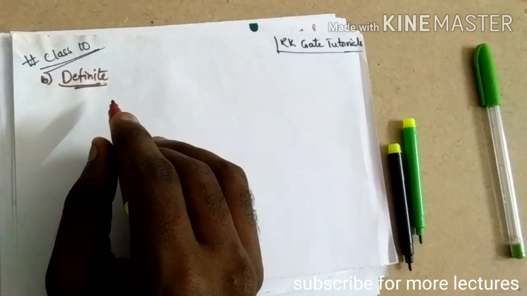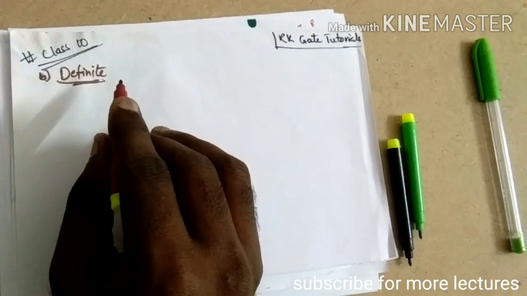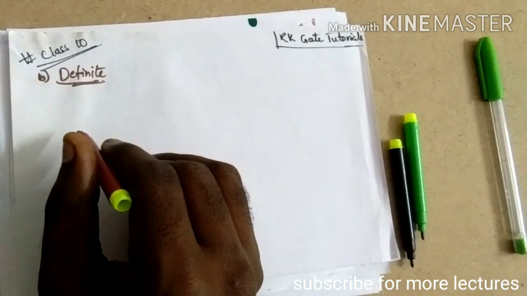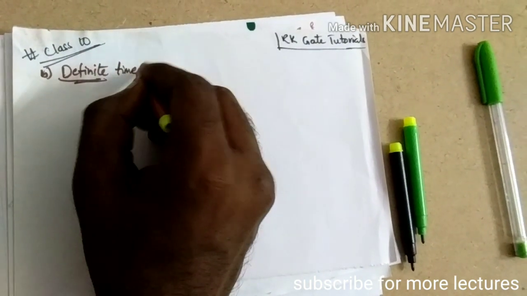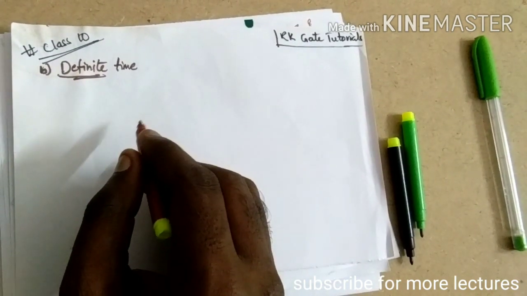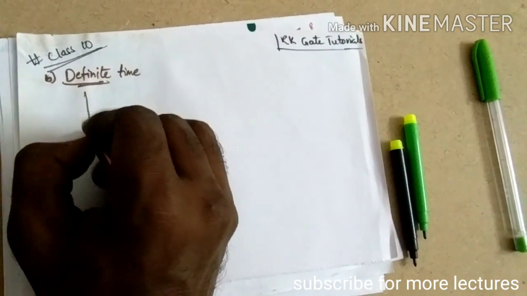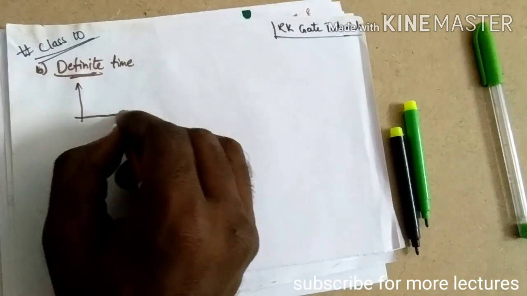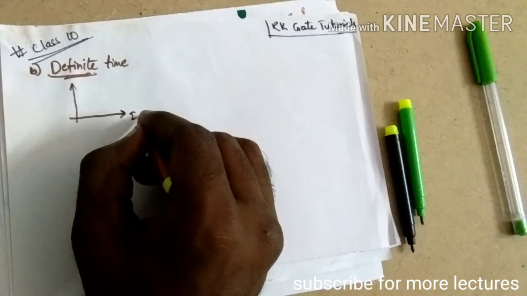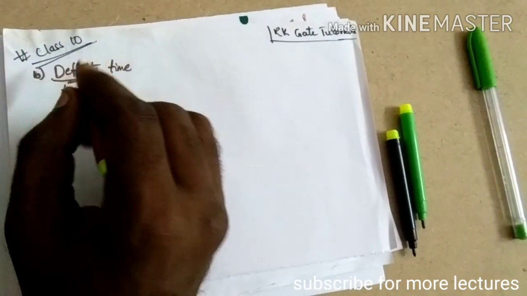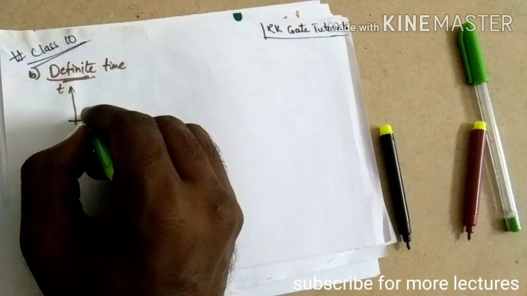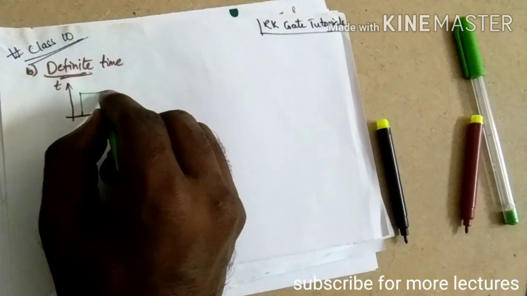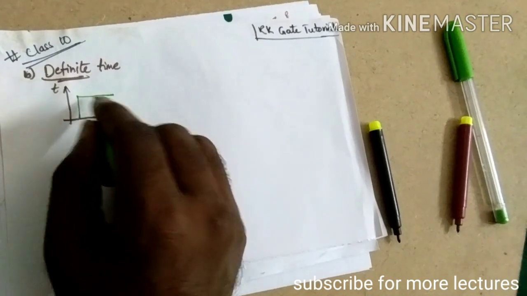But what is the difference between instantaneous relays and definite time relays? Simple. In definite time relays, we are providing an intentional delay in the time of operation. Let us say this is the pickup current, and we are providing some intentional delay. Here this is the fault current.